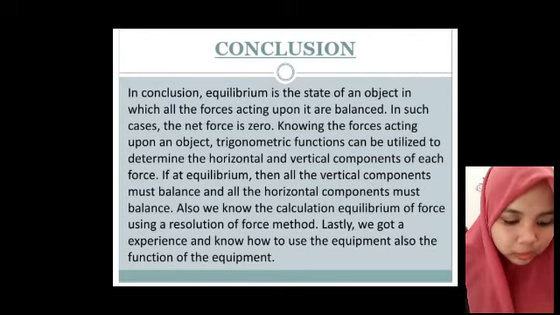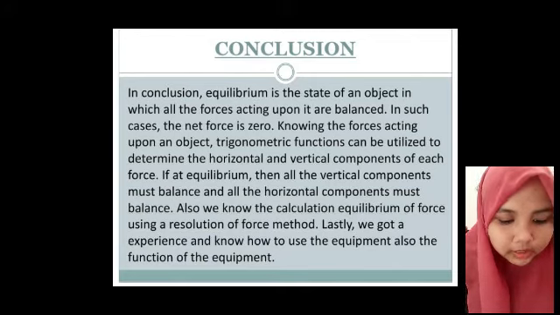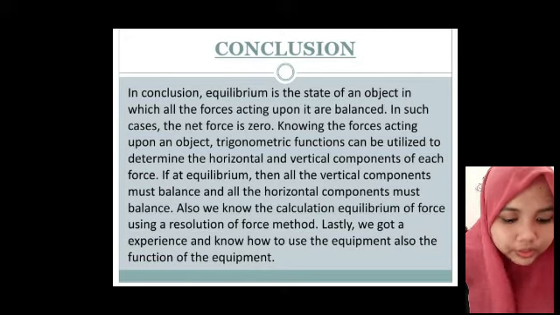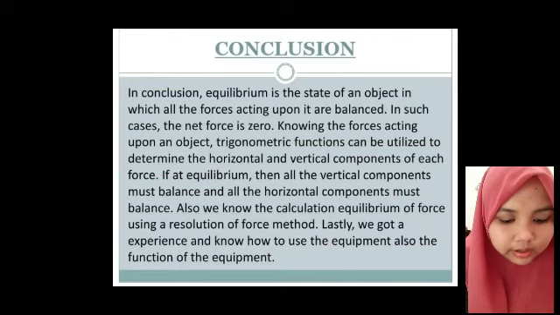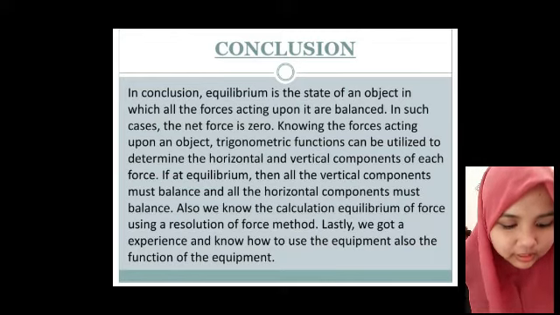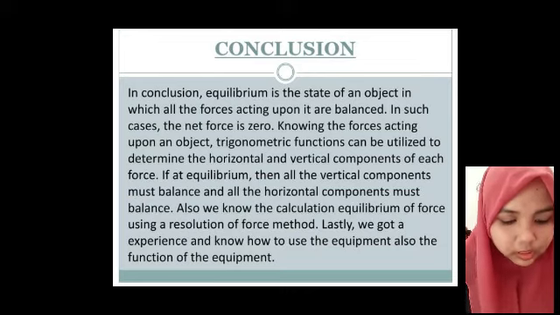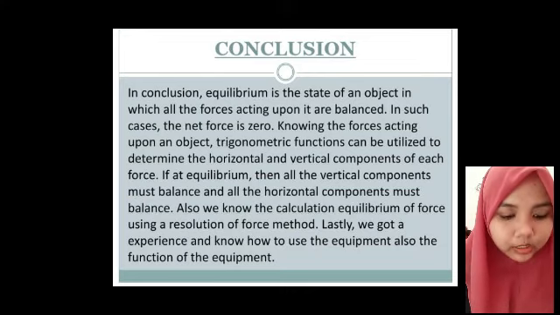In conclusion, equilibrium is the state of an object in which all the forces acting upon it are balanced. In such a case, the net force is zero. Knowing the forces acting upon an object, trigonometric functions can be utilized to determine the horizontal and vertical components of each force.